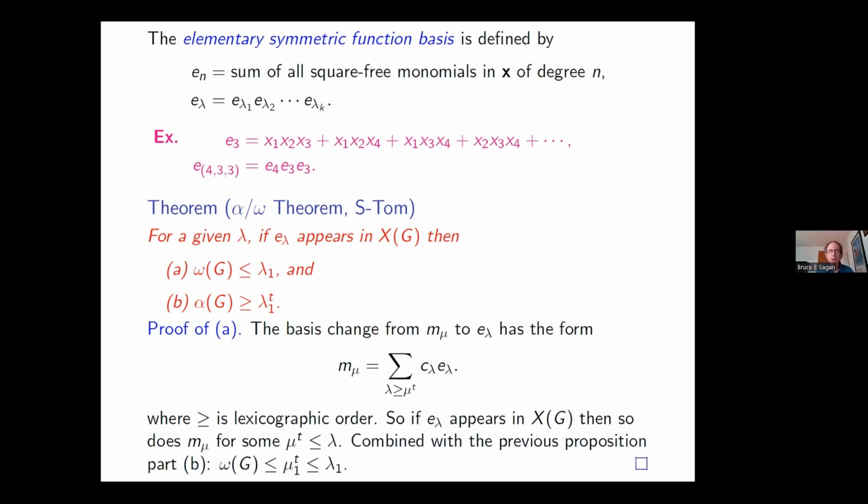By the previous result, omega of g in the m basis is at most the first part of mu transpose. But for this lexicographic inequality to be true, clearly their first parts have got to be in the same order, because if the first part of mu transpose is bigger than the one in lambda, they have the opposite lexicographic order. So we're done.